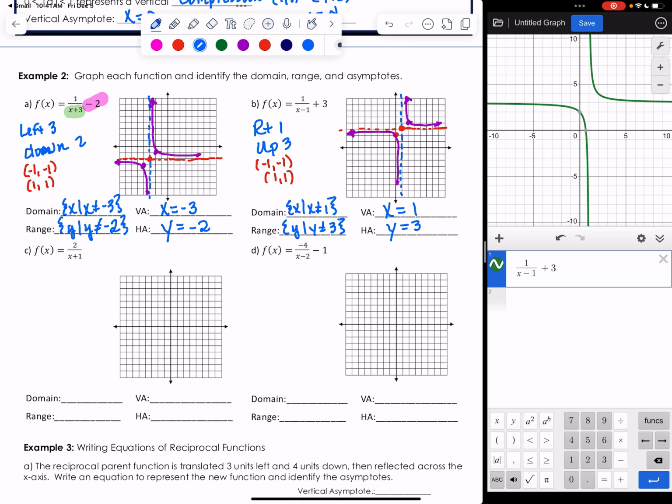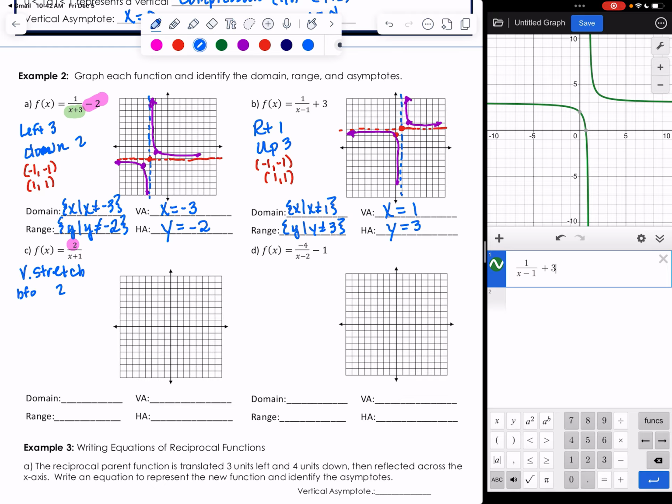Problem C, f of x equals 2 over x plus 1. Now, this is the first time we've had something besides a 1 in our numerator. So I know this is going to be a vertical stretch by a factor of 2.